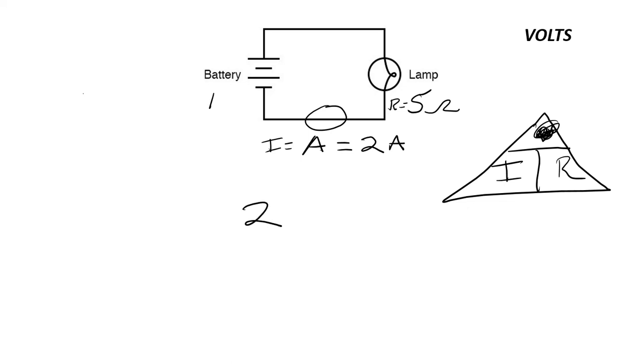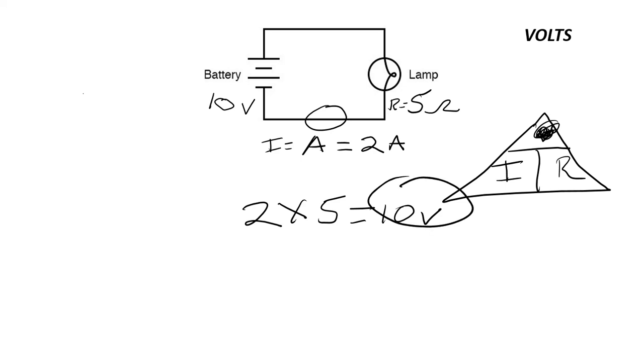Do I have an R? Yes, I do. My R is 5. So I'm going to use some easy numbers here so we can do them in our head. So 2 times 5 equals 10, and that is 10 volts. So my answer is 10 volts.